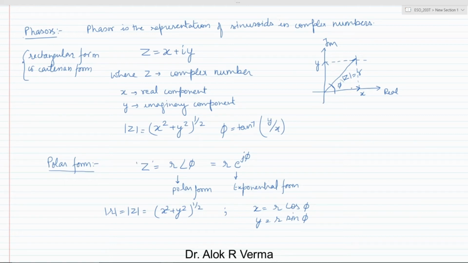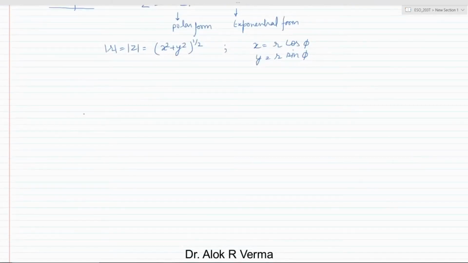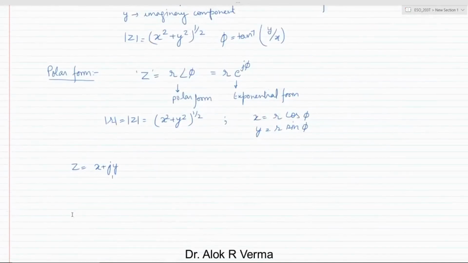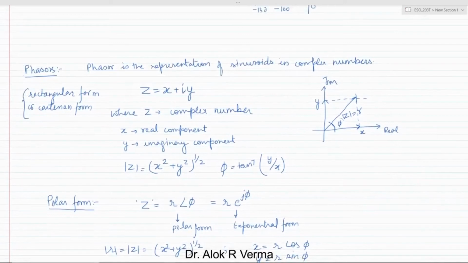So if we can write this in a different form, this z may be written as x plus j y, or i y. We should not get confused with the I current. If you remember, this is a complex number, z, x plus iy.